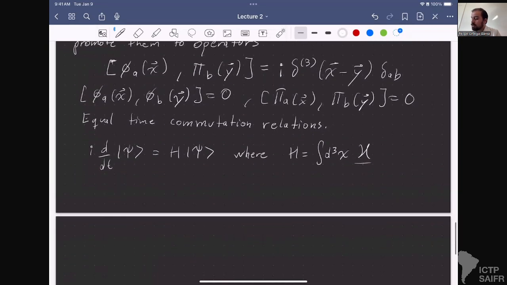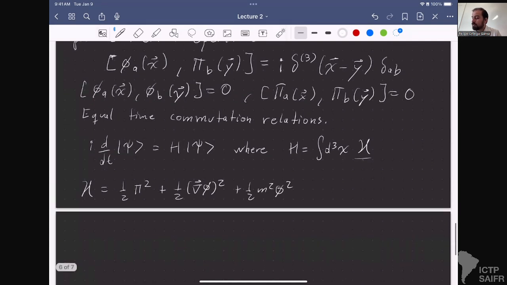In the case of the free field theory, h was 1/2 of pi squared plus 1/2 of the gradient of the field squared plus 1/2 of the mass squared times the field squared. This is technically the Hamiltonian density. And when you integrate it over the volume, then you get the full Hamiltonian H. This is what goes into your Schrödinger equation, and this is the operator that you have to actually diagonalize to obtain the spectrum of your theory.